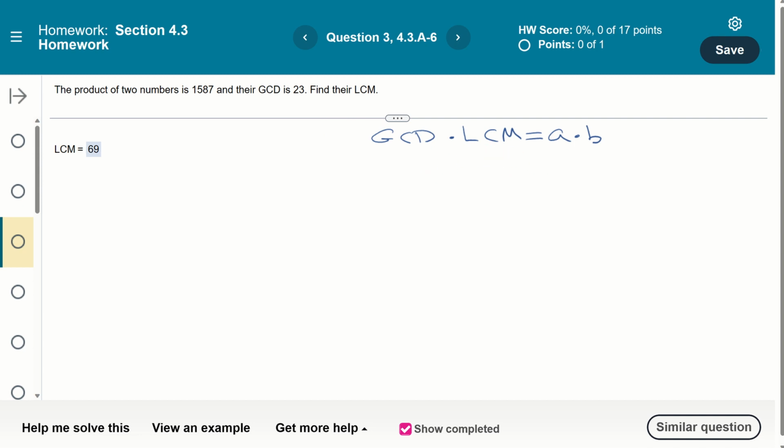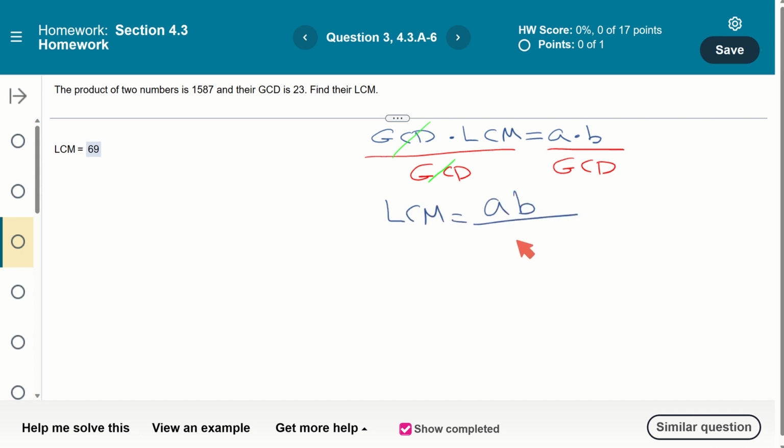So again, we're going to divide both sides by the GCD. And here again, the GCDs will cancel out. So the LCM is just going to be the product divided by the GCD. So the LCM we're looking for is going to be AB over the GCD.